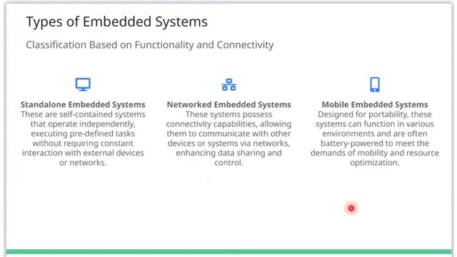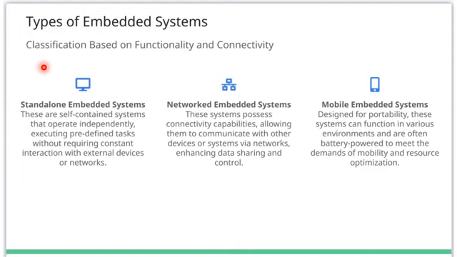The target here is portability, so it must be portable enough. These mobile embedded systems are mainly very small, portable, battery powered, and low power consuming, and they are often used along with the networked embedded system.